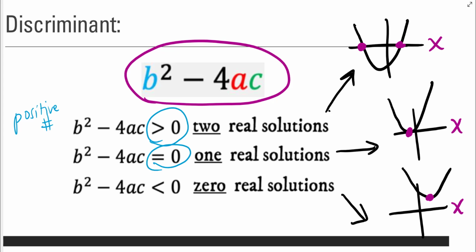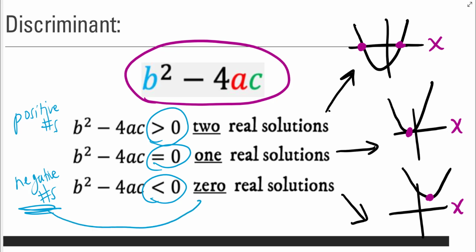If it's equal to 0, it's one real solution. And if it's less than 0, that means negative numbers. So if you solve for the discriminant, you plug in b, a, and c into this, and the number is negative, then we would know there are 0 real solutions. Or if your answer was positive, we would know there are 2 real solutions.